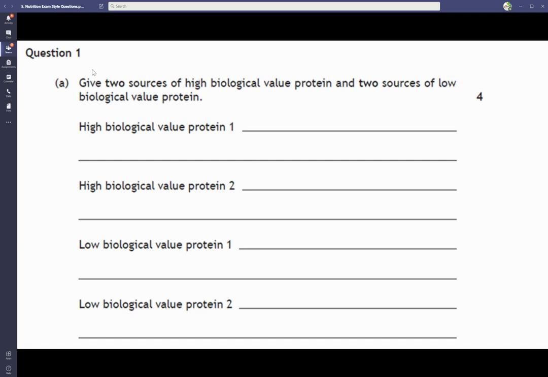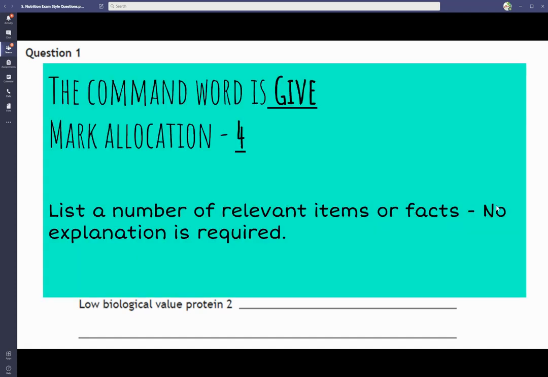With this give, it requires us just to state, name, identify, give our points. We don't need any explanation here. We are just looking for straightforward, straight to the point answers. So the command word is give. The mark allocation is 4, so we have to give a list of 4 relevant items or facts, and no explanation is required.